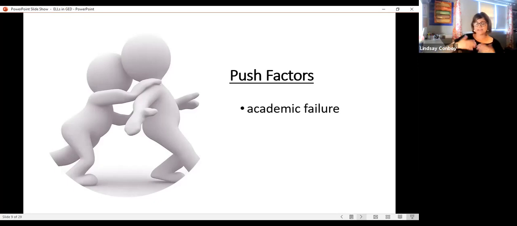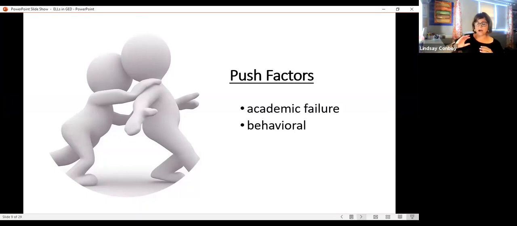If they aren't successful in classes, or they don't feel like their efforts are being recognized, then they start to feel hopeless and decide that school isn't right for them. There could be behavioral problems, which could lead to suspension or expulsion, or others where they're struggling in the American academic setting.